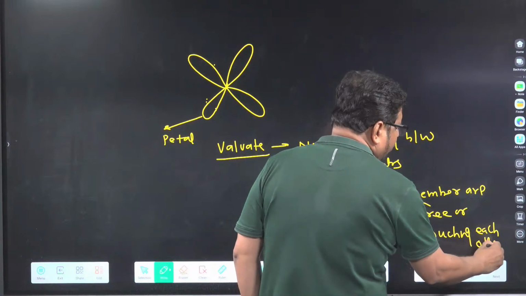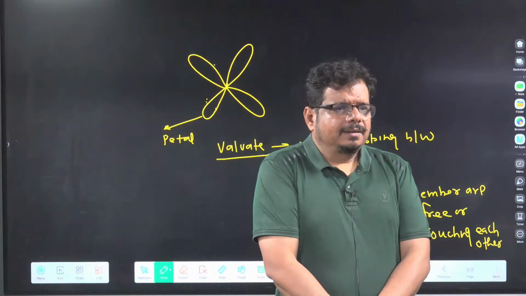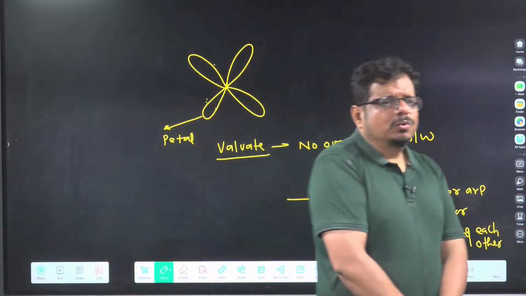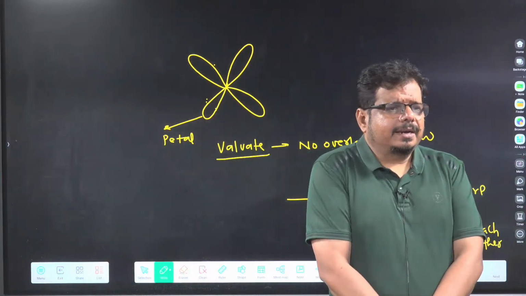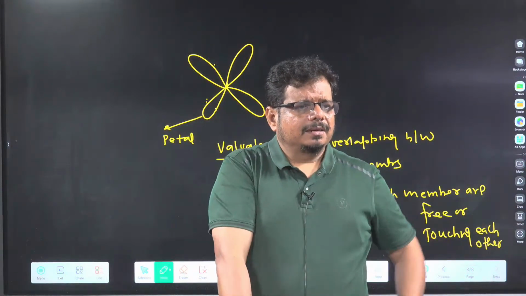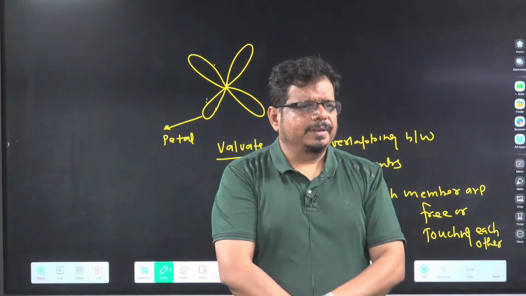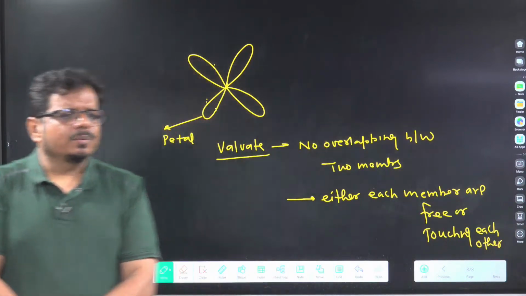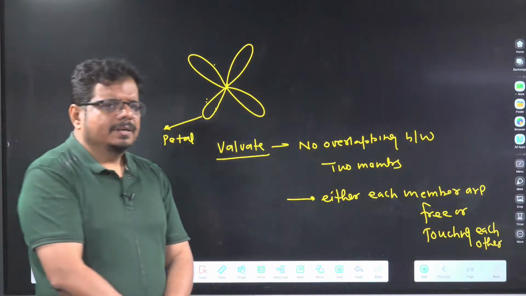Suppose that one student is one petal, another student is another petal, another student is another petal. All three are standing close to each other, margin touching margin. It is also valvate. One student here, one far, another far, all are petals. It is also valvate.